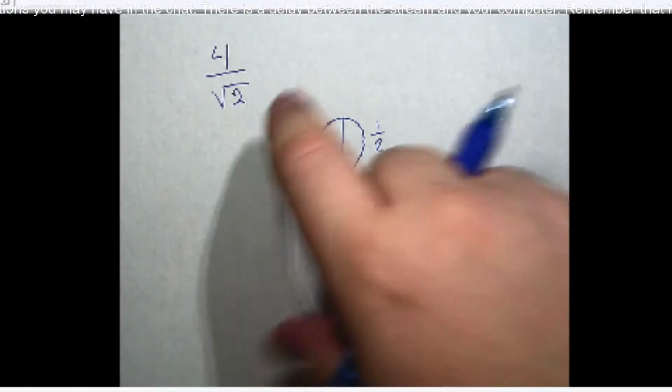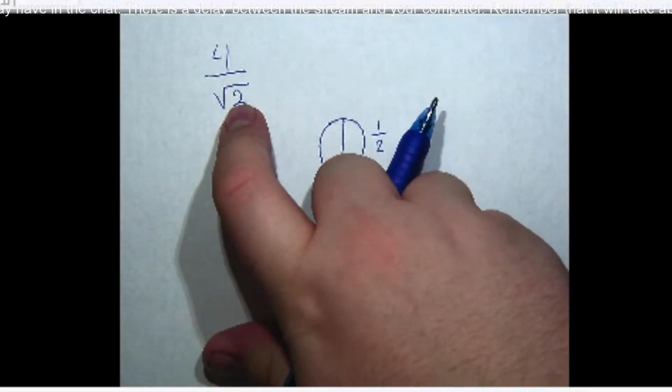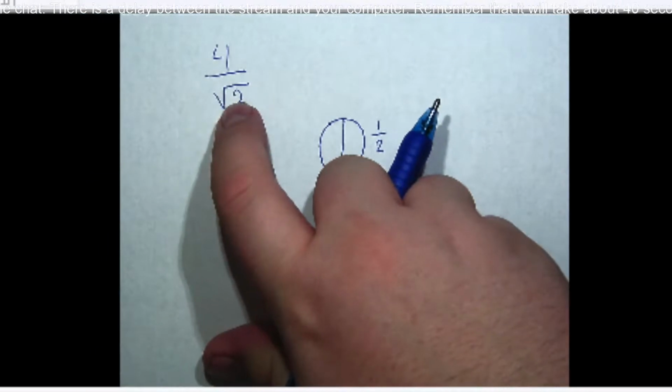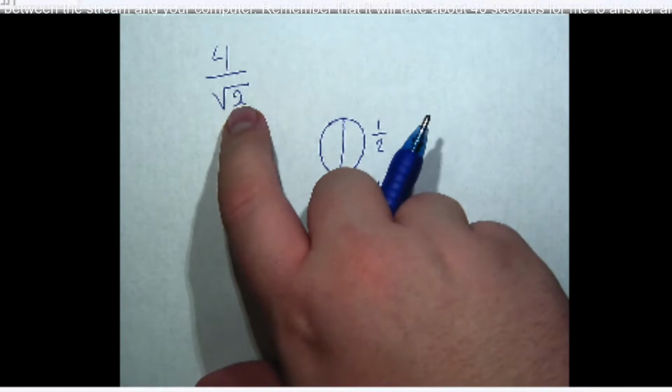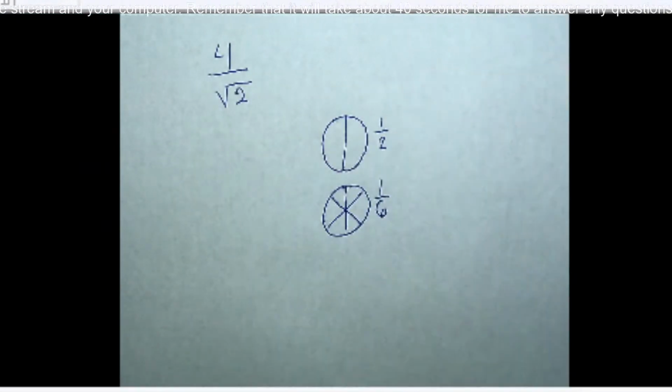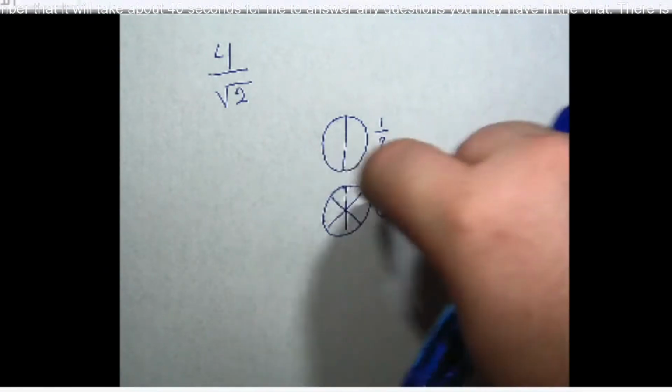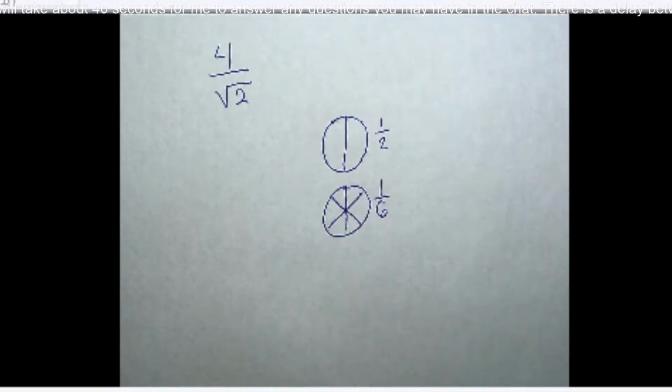Well, it's not 2 and 1 because it's stuck underneath that root. Remember that we're still doing something to 2. So if we put this into a calculator, we get something like 1 point something, something, something. So we don't actually know the value of it. We can't divide 4 by it. And that's the other problem with it, is that we don't know what kind of slice we have then.